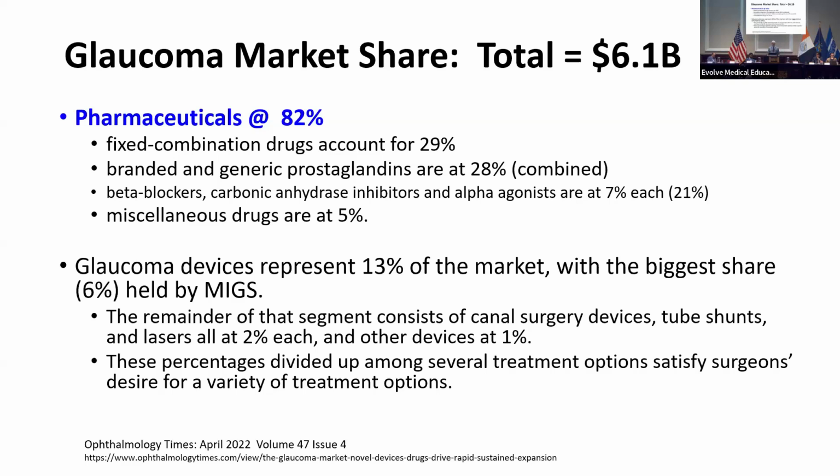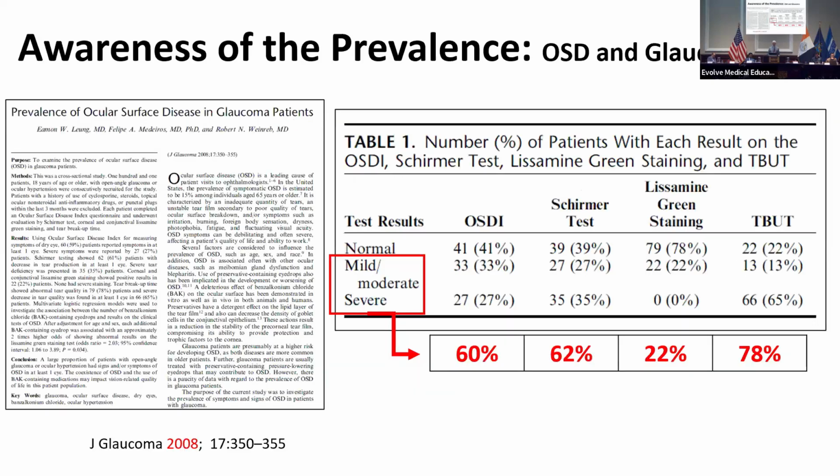I'm just trying to make the point that a number of our patients are still on topical therapies. We need to address that issue because they are often burdened and inconvenienced, and it may be impacting their quality of life. But certainly, I look forward to hearing from my co-speakers here about other ways to get our patients off of these, at least preservative-containing topical medications that can exacerbate their condition.